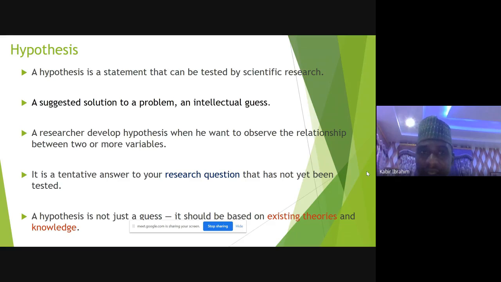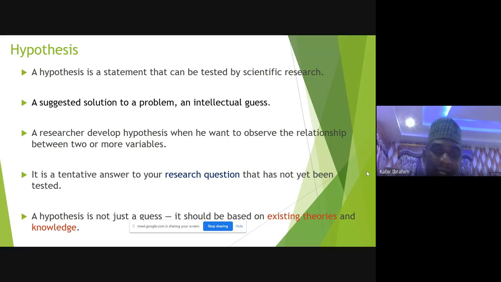That is why we said it is a statement that can be tested by scientific research. You cannot just form a question and give an answer without a test and say that you stated your hypothesis. Whenever you do that, it is wrong. A researcher develops a hypothesis when he wants to observe the relationship between two or more variables.